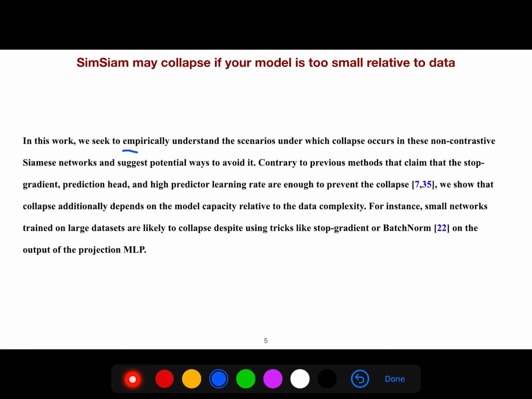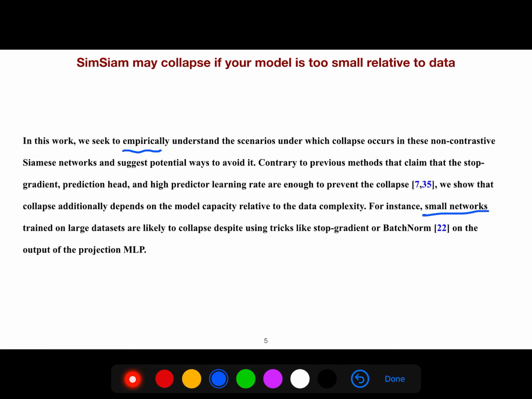So we seek to empirically understand the scenarios under which collapse occurs in these non-contrastive siamese networks and suggest potential ways to avoid it. Contrary to previous methods that claimed the stop gradient, prediction head and a high predictor learning rate are enough to prevent collapse, we show that collapse additionally depends on the model capacity relative to the data complexity.